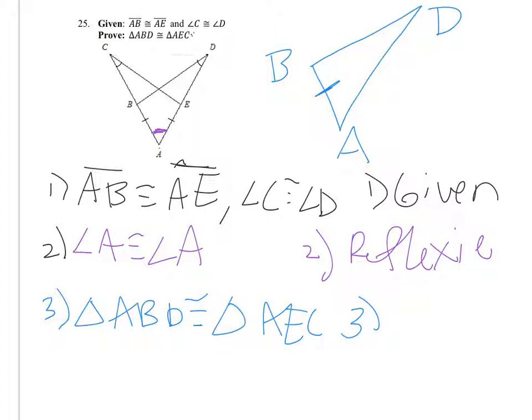Angle C, so I don't have angle C, but I do have angle D. And then my second statement was angle A is congruent to itself. So that will help me know what do I have. Start at someplace that has nothing, and either you can say side, angle, angle. If you start here, you have angle, angle, side. Either way, it's still correct, though.